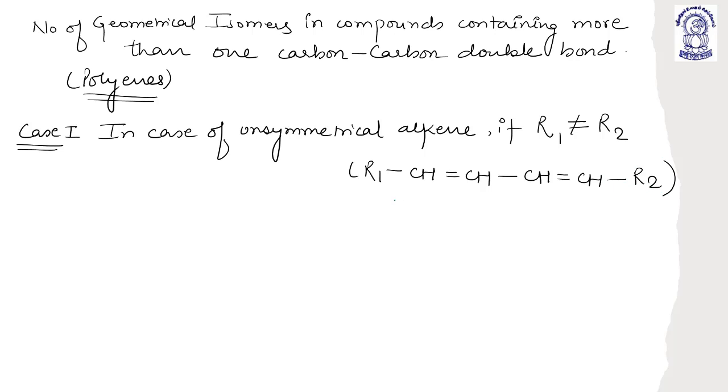If the groups are not equal, then the number of geometrical isomers is 2 to the power n, where n is the number of double bonds showing geometrical isomerism.